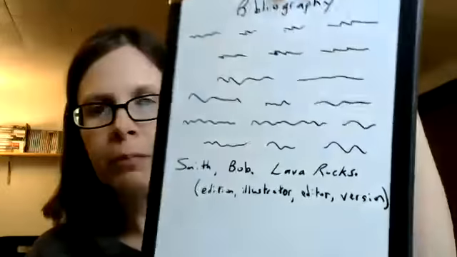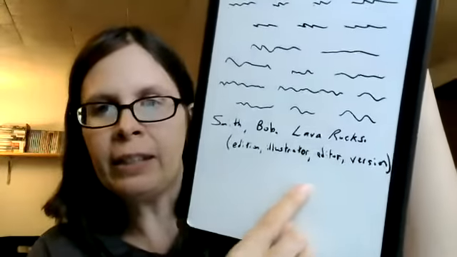Normally you're not going to have things like that, but I'm just going to write in parentheses: edition, illustrator if it's a child's book with lots of pictures, editor maybe, version, those kinds of things. Normally you're not going to have these things at all.